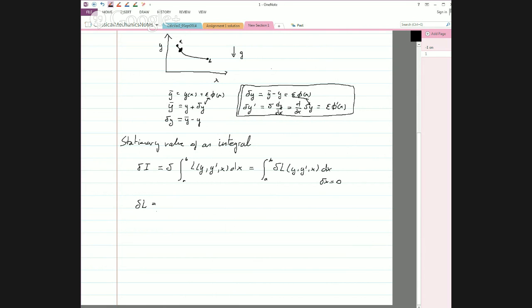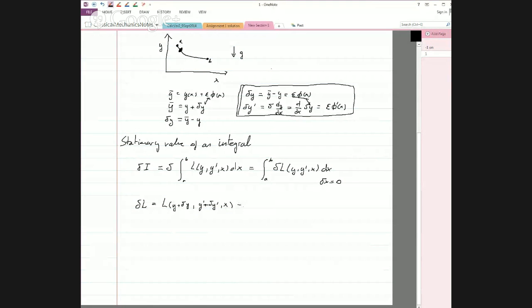So what is L bar? Well, it's L evaluated at the varied values of y and y prime. So it's L evaluated at y plus delta y, y prime plus delta y prime, and of course x, it's not plus delta x because delta x is 0.